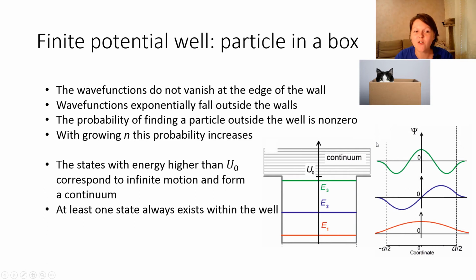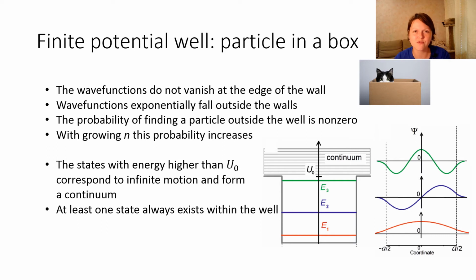The probability of finding a particle outside the well is non-zero anymore. And with growing principal quantum number, this probability increases. Here is what I said: the more the energy of the particle, the more the possibility to find it outside of the box, like the ball I threw.